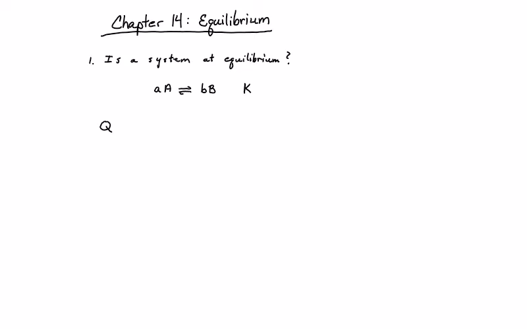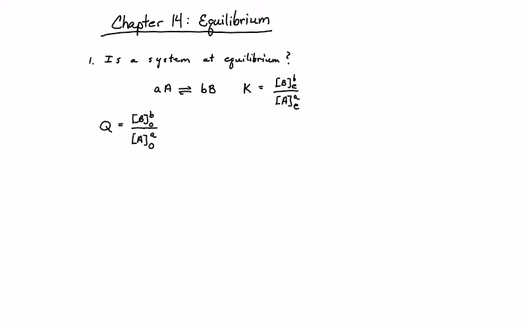Q is calculated exactly the same way as K. Whereas K is going to be equal to the concentration of B raised to the power of b divided by the concentration of A raised to the power of a, where both B and A are at equilibrium, the reaction quotient still uses the concentration of B raised to the power of b divided by the concentration of A raised to the power of a, but we don't know whether or not we're at equilibrium.